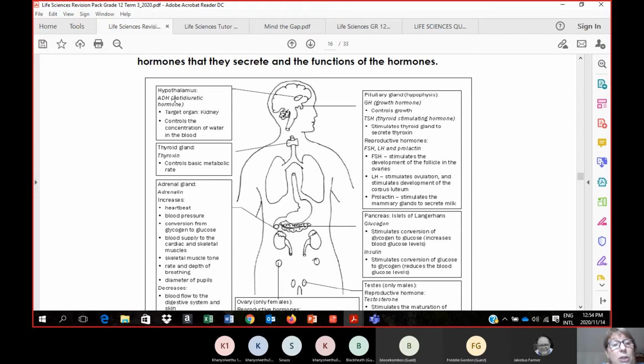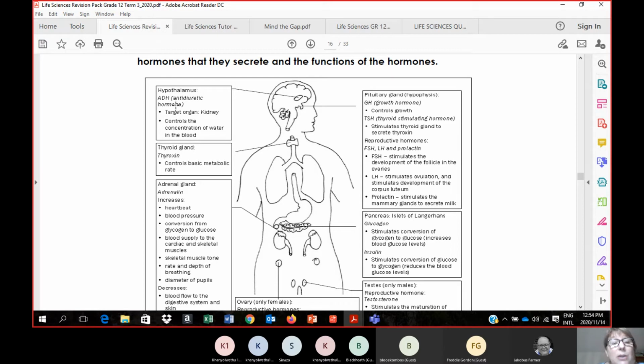Now ADH we spoke about when we did the chapter on excretion in grade 11, right? So this hormone, and by the way, we're going to talk about it again later on because we do homeostasis just now, and you need to know the homeostatic mechanism which keeps water content in the body constant.